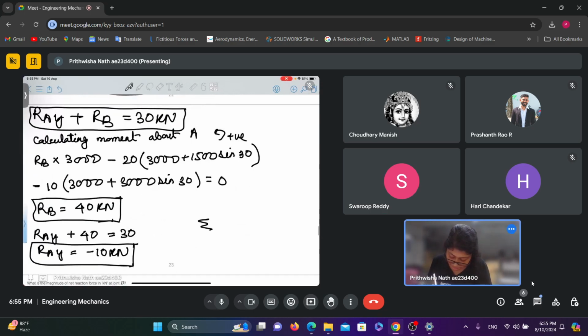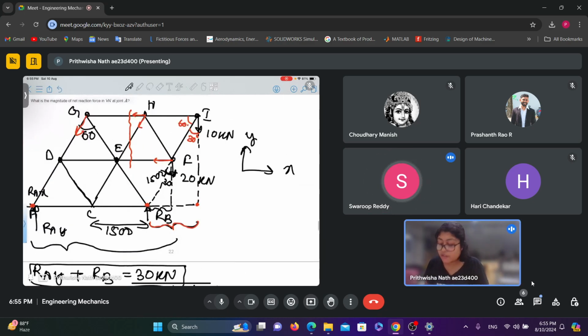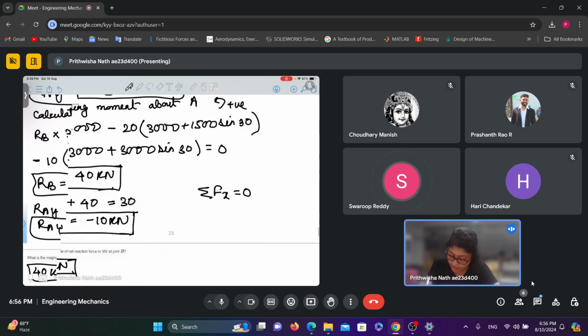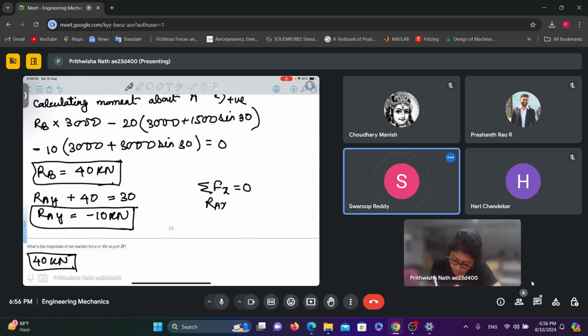Is there any external force acting on the truss in the X direction? See the figure. No, ma'am. So RAX has to be 0, right? Is that clear? Yes, ma'am, clear.